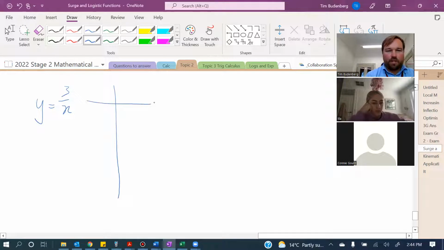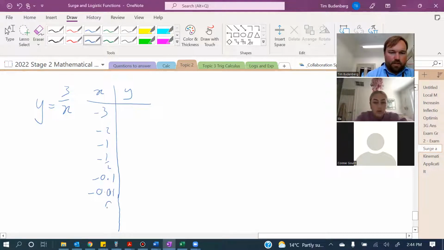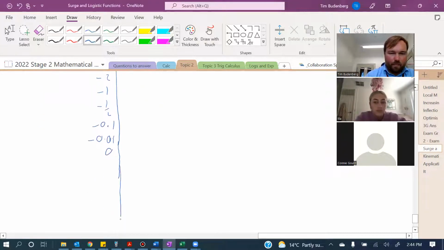And we'll do a rather ridiculous table of values with x and y being −3, −2, −1, −0.5, −0.1, −0.01, 0, 0.01, 0.1, 1/2, 1, 2.